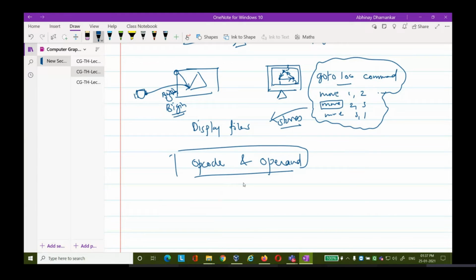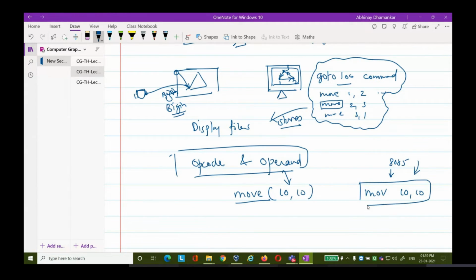So let me write down something: MOV 10,10. दिस इज एग्जैक्टली माइक्रो प्रोसेसर 8085 का इंस्ट्रक्शन नहीं है, MOV 10,10. और यहाँ पे हमने इस तरह से लिखा हुआ है, just like. So the MOV is called the opcode, and this is called the operand.